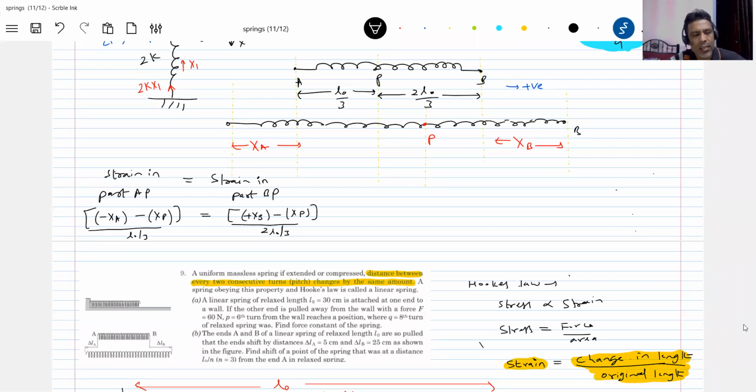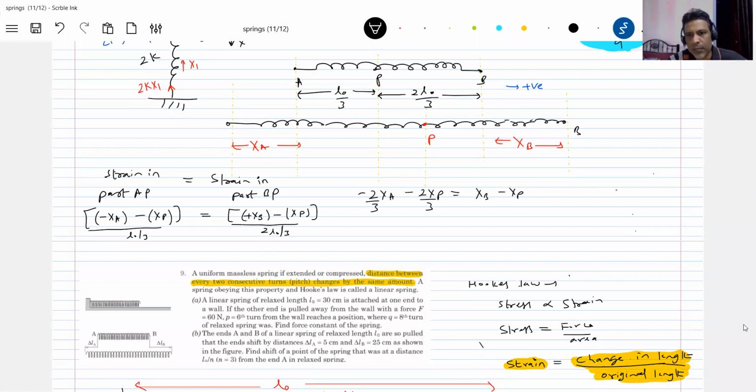Anybody value? L0 by 3 gets cancelled, so this will be minus 2XA, minus 2XB, 2 by 3, no? So 2 by 3 equal to XB minus XP.